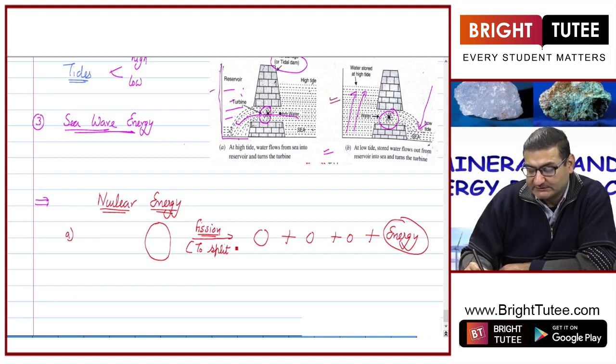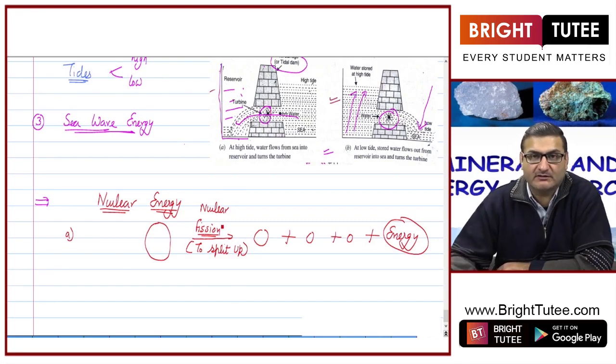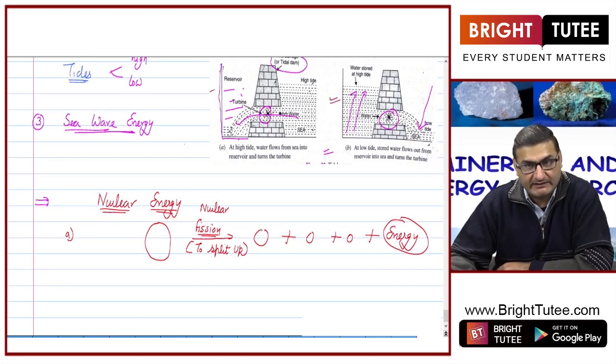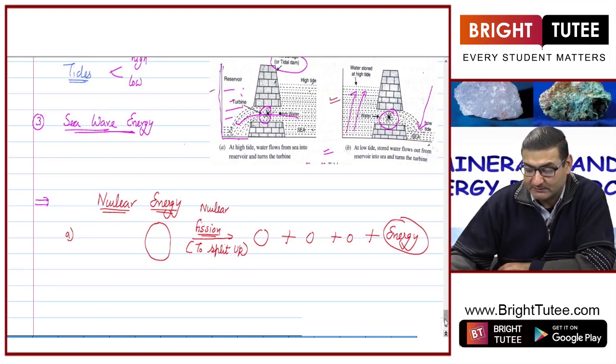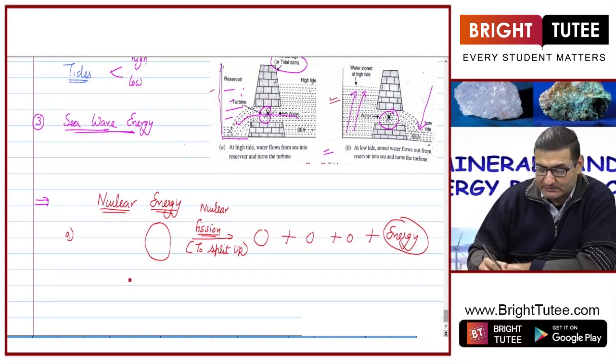So, this process is known as nuclear fission process, because here we are splitting up or breaking up the nucleus of a heavy element, having greater mass number. Now, there are various elements which are used for this particular process.